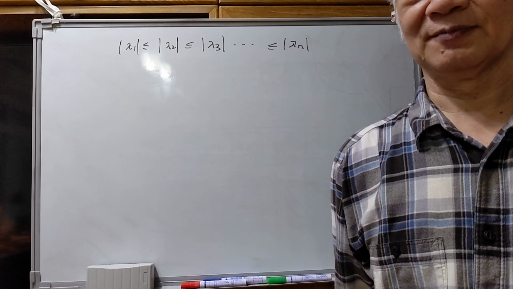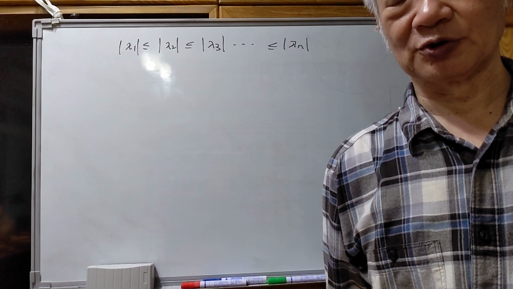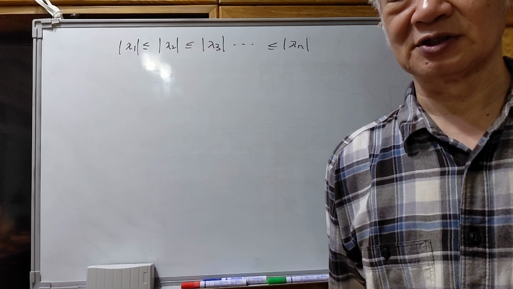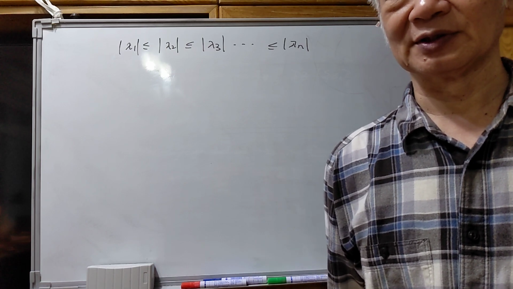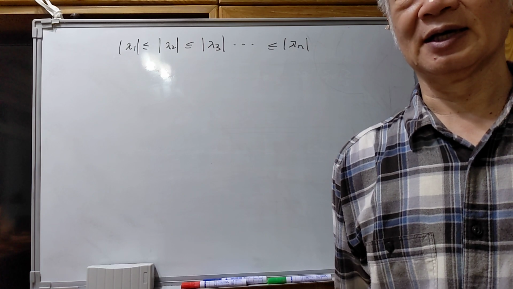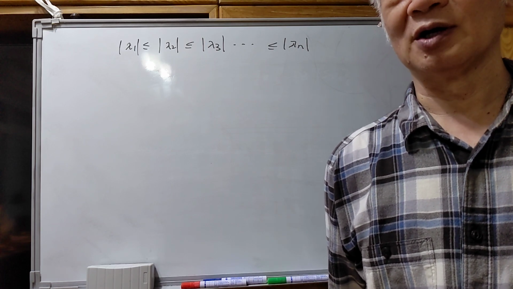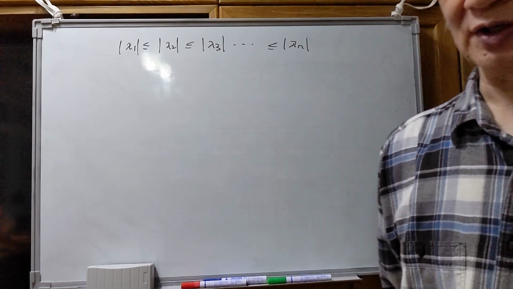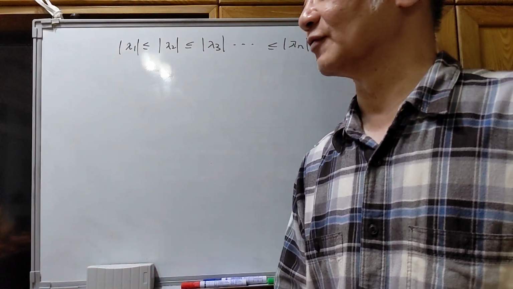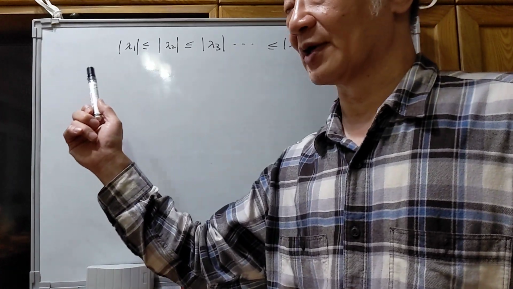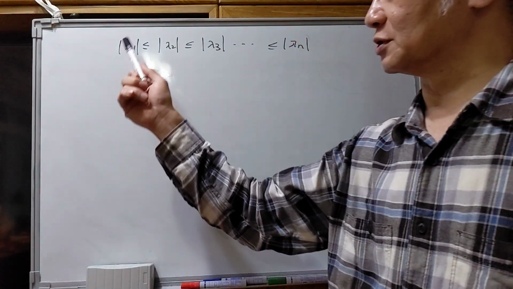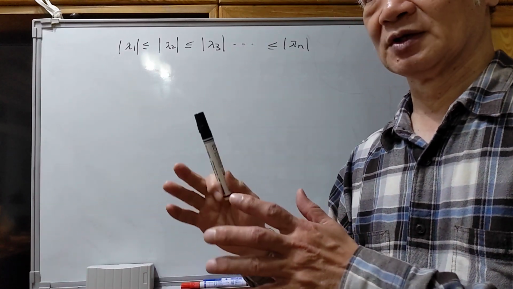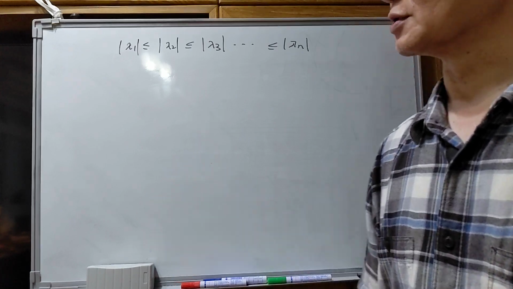For example, the first eigenvalue obtained from A11 divided by the B11 is not always the smallest eigenvalue. Okay, it is just one of the eigenvalues. But for the power method or the vector iteration method, the sequence we need to define clearly. The lambda 1 is the smallest one.